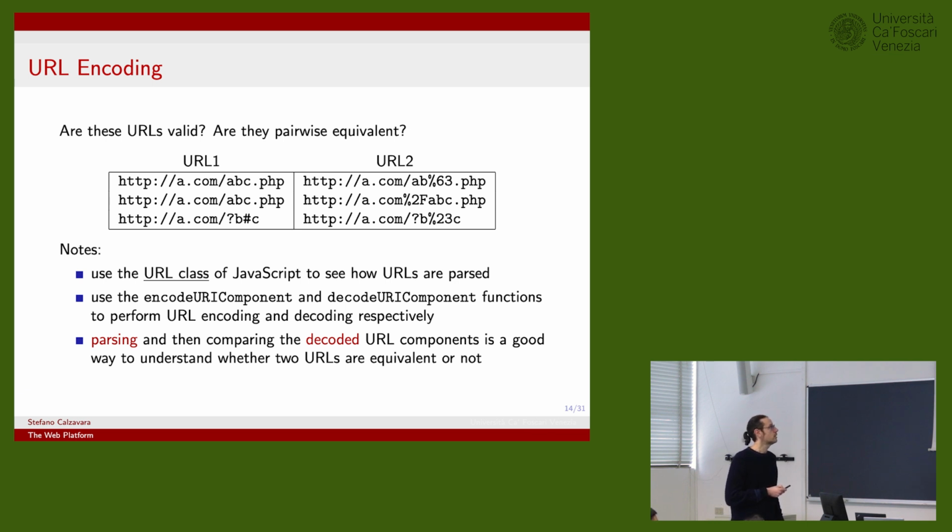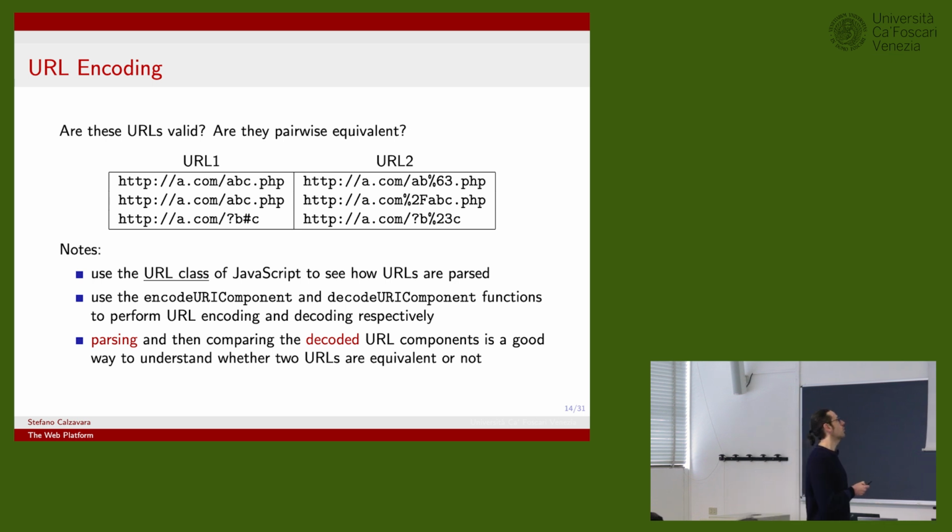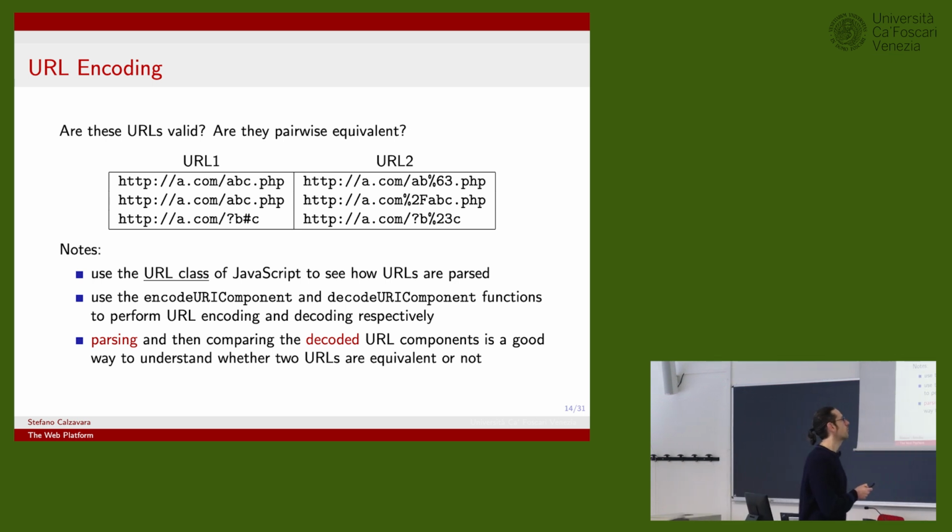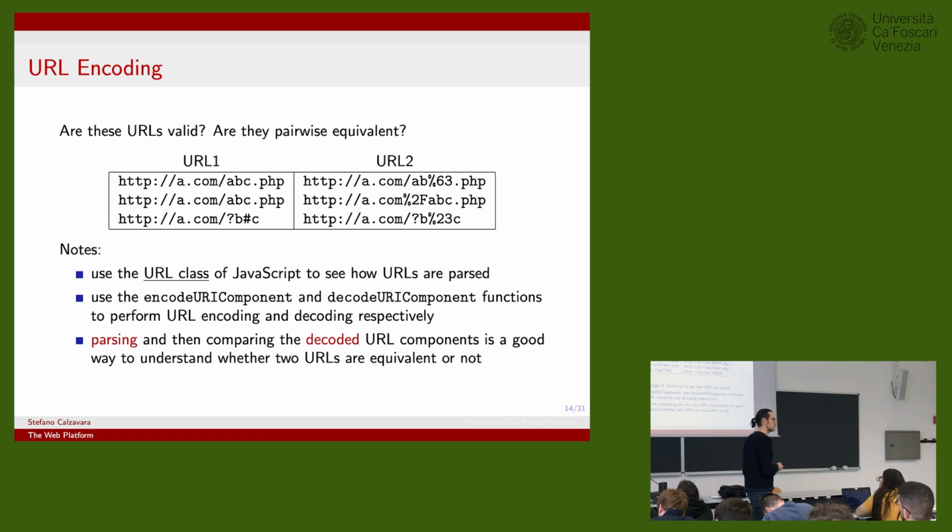Let's check the first two URLs. What is the difference between these two URLs? The difference is that the small c character in here is URL encoded. Okay? So the small c is translated as %63.